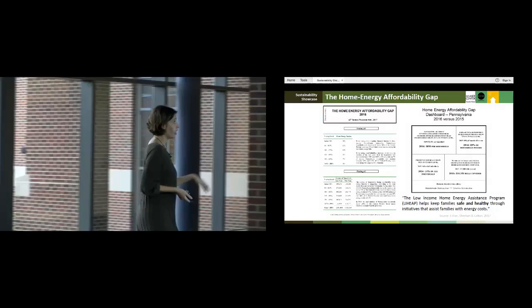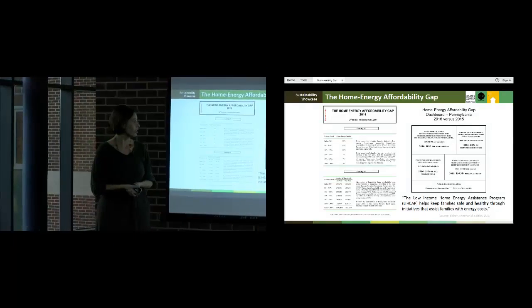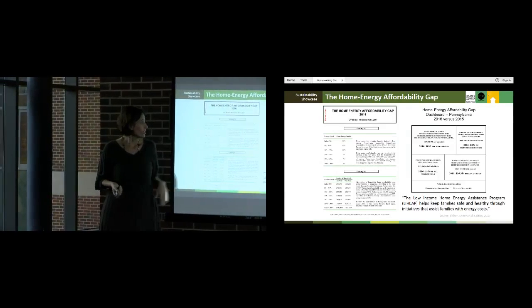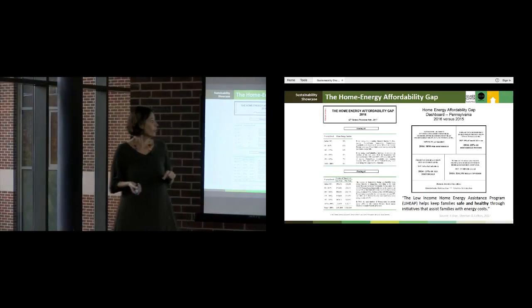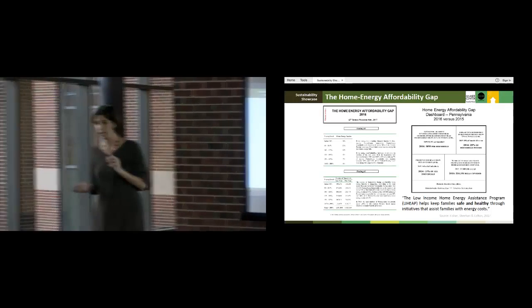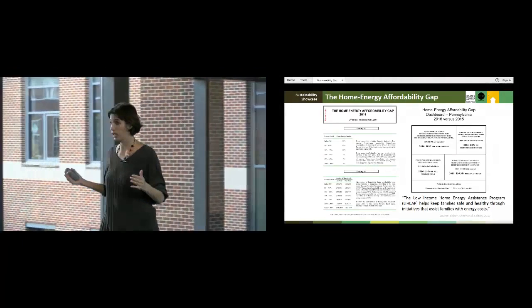And that starts to get pretty ugly, especially when we're looking at people in the 50% poverty level. As of 2016, what this research has determined is that people are paying 28% of their household income for energy costs associated with living alone.